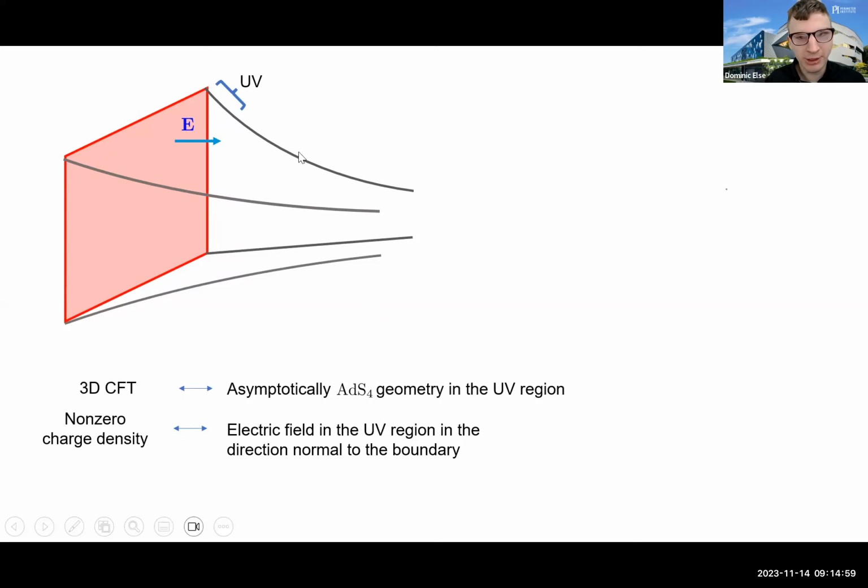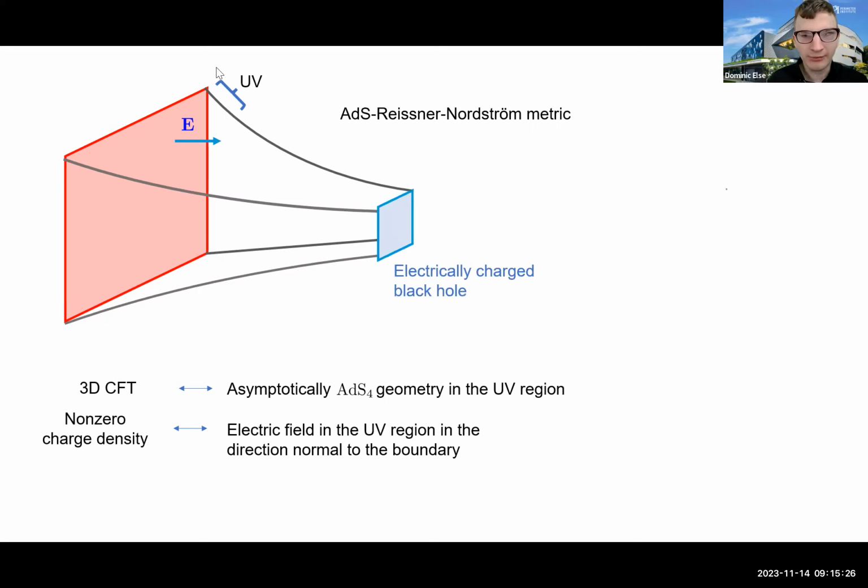But if we switch on non-zero charge density, that's like switching on an electric field in the UV region of the space-time. And so now the AdS geometry is not going to be the solution away from this asymptotic region, because the electric field backreacts on the metric. You have to solve the Einstein equations coupled to the electromagnetic field. And so in the simplest case, you get this AdS-Reissner-Nordstrom metric, where the bulk spacetime terminates in a charged black hole.